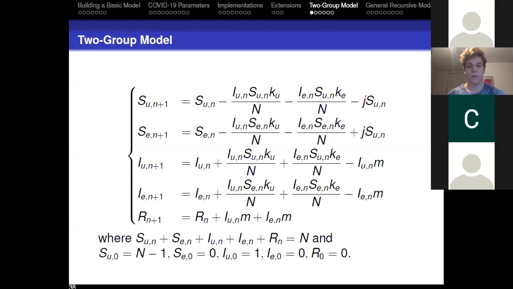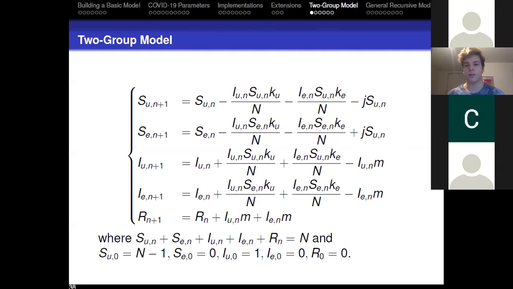So if you look at the first equation, this equation is basically just the SIR model, but there's also an extra term here, which is the J times S sub U n term. And this term actually removes people from the S sub U group and places them into the S sub E group. And the reason why is because we're modeling education as an exponential factor. So basically, I think in our model we used 0.05% of people at every time step are going to become educated.